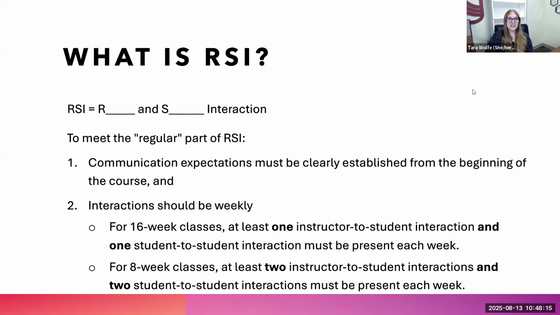And then different interactions, either instructor to student interaction or student to student interaction, should be weekly. So for 16-week classes, there should be at least one instructor to student interaction and one student to student interaction each week. So this is not necessarily guaranteeing all of your students are going to participate in every single one of your discussion boards, right?